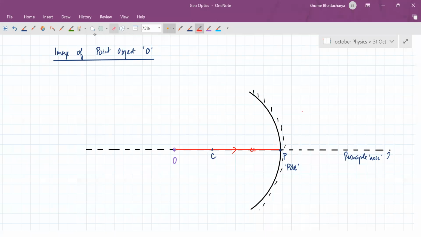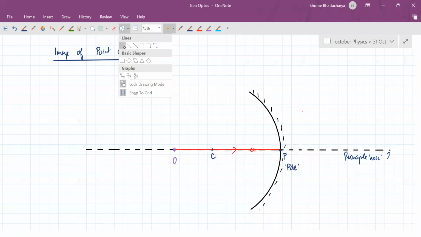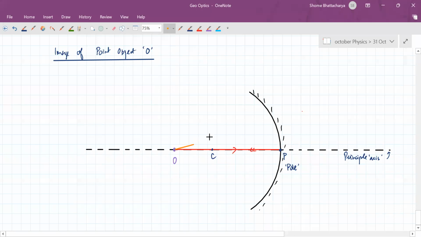Now, if you consider another ray of light, which is incident at any other point, like this, let's say. So consider a ray of light which is incident at the point E, like this over here. What will happen to this after reflection? So for that, we have to understand where the normal lies. So at its point of incidence, this is going to be the normal.